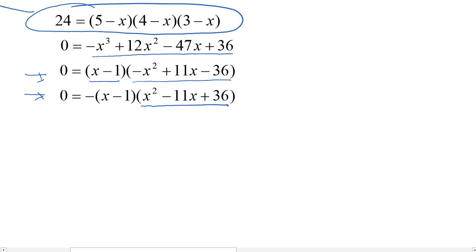I would need two numbers that multiply out to 36 and add up to negative 11. And I really don't see any that work here, because they would have to be different, and 3 and 12 don't work. 4 and 9 don't work, and things like that.